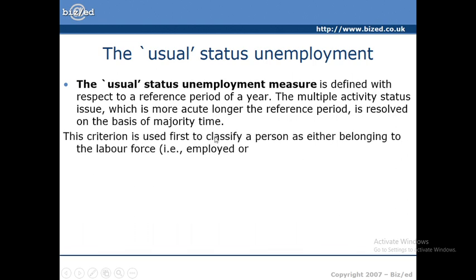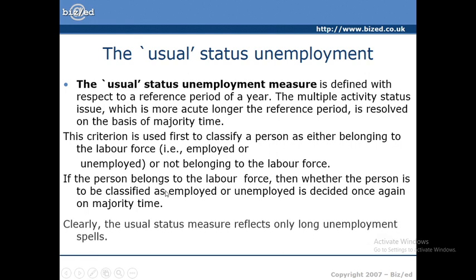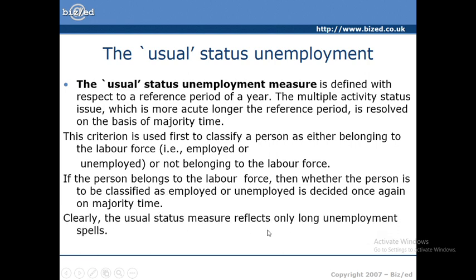This criterion is used first to classify a person as belonging to the labor force, that is employed or unemployed, or not belonging to the labor force. That is the first criterion. Then, if the person belongs to the labor force, whether the person is classified as employed or unemployed is decided once again on the majority of time, that is, how long they are employed. Clearly, the usual status measure reflects only long unemployment spells. So it is with respect to 1 year. That is called usual status unemployment.